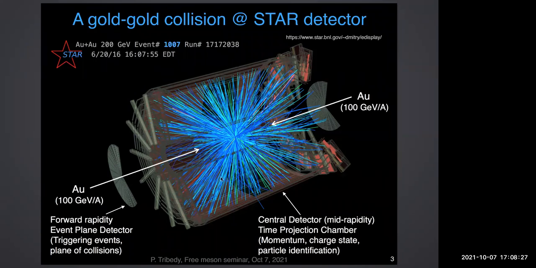And the color is a representation of something that is related to particle identification. I don't want to go into the details. So this gold-gold collision looks more like a central collision, and lots of particles are produced, detected by the central time projection chamber. This detector is going to come up in my talk again and again. But then you have a series of detectors in the forward region, which are used to trigger the events.